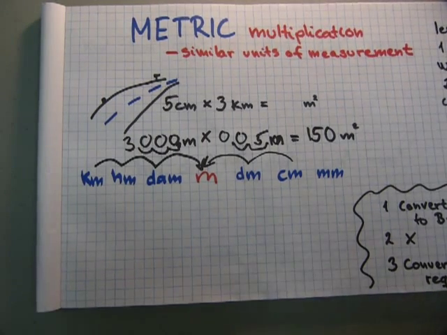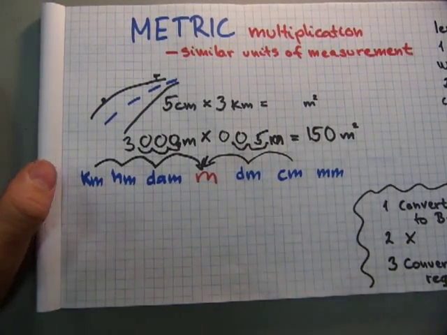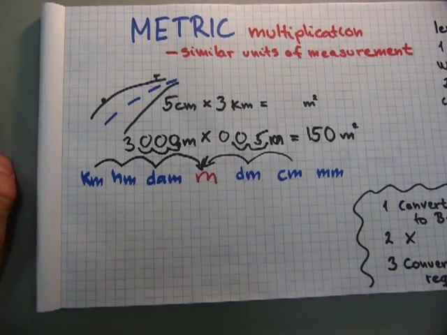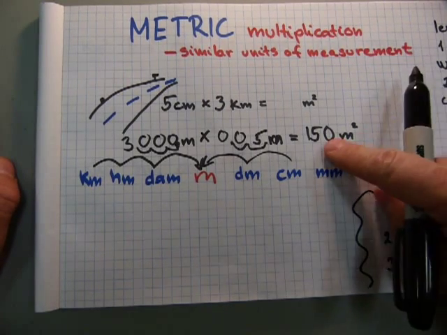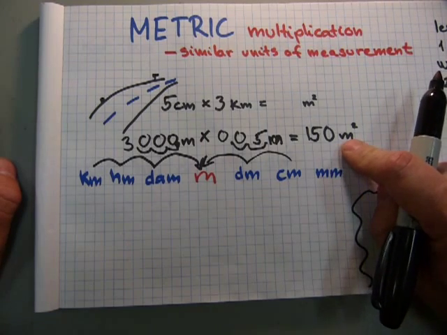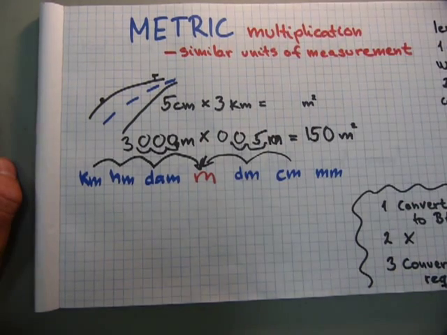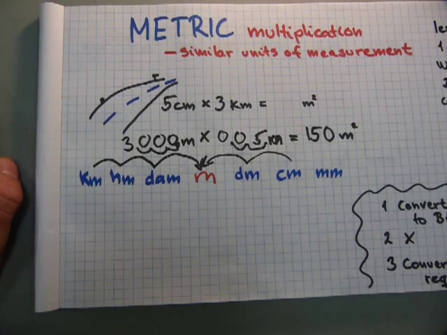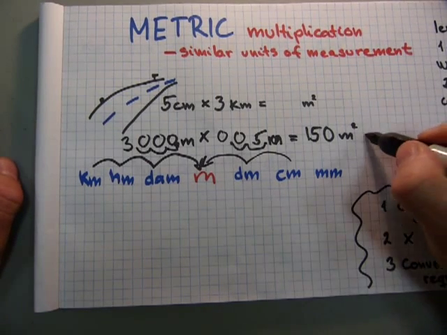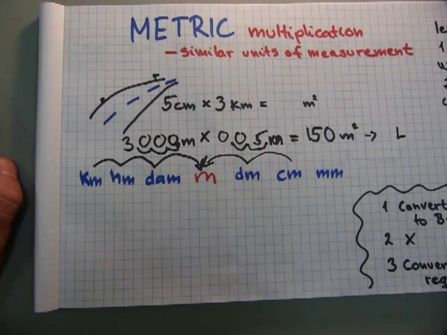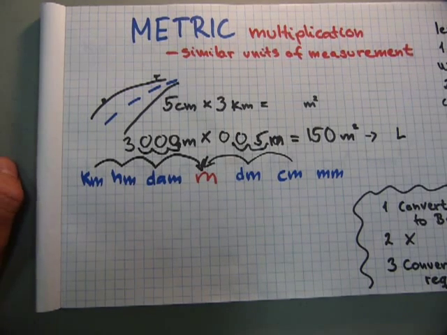Okay, now just let's get back to the paint problem for one last second here. 150 square meters of paint is needed for the road painting job, and most of the time paint is sold in liters or gallons or whatever else, but not in square meters.